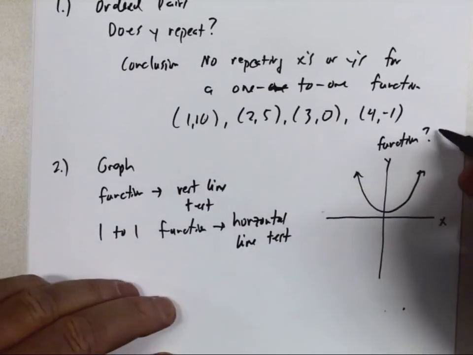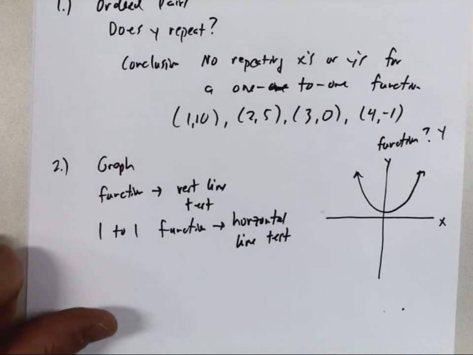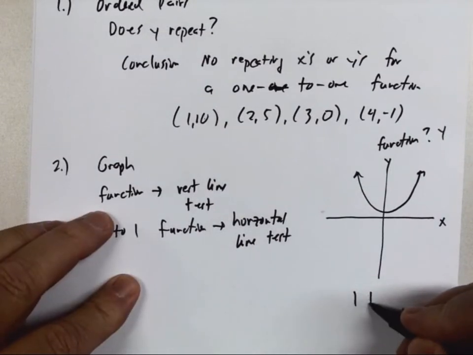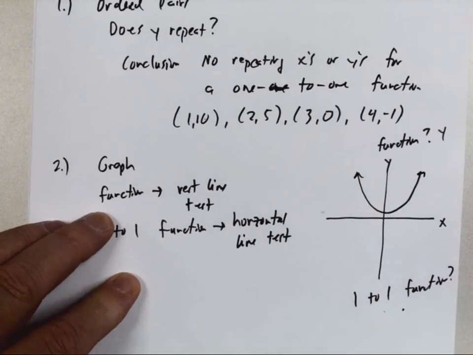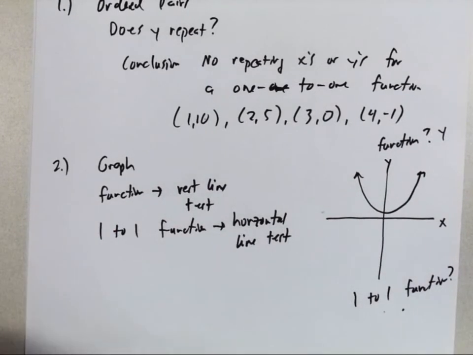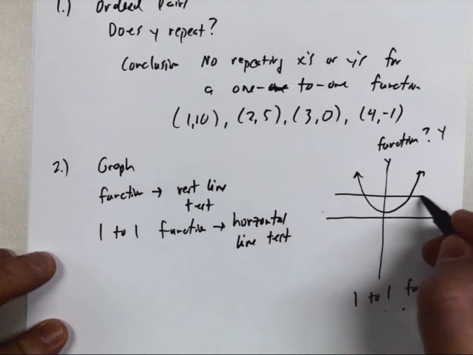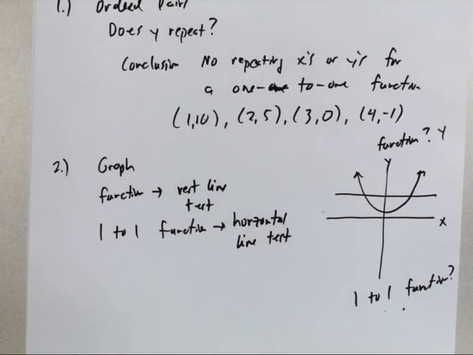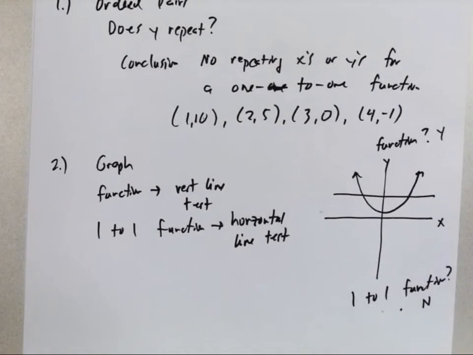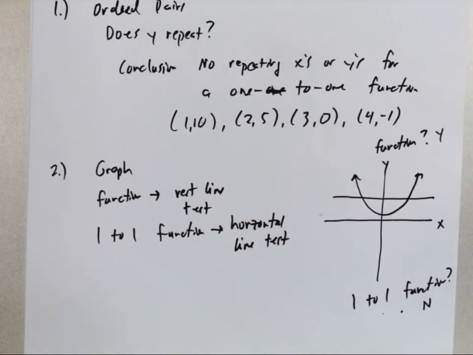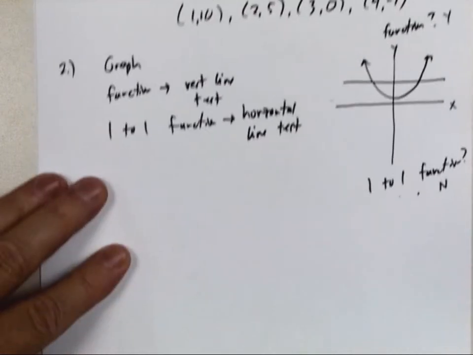No. So it is a function. Now, is it a one-to-one function? Horizontal line test. Oh, there's a horizontal line that actually crosses the graph twice. So it is not a one-to-one function. It is a function, but it's not a one-to-one function.